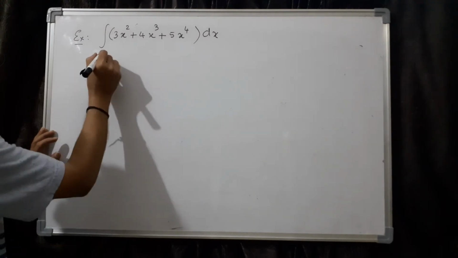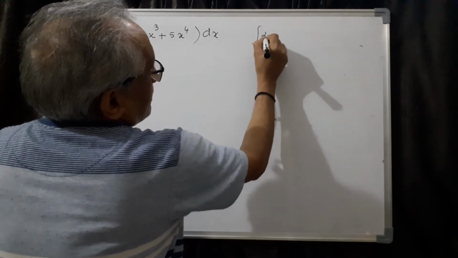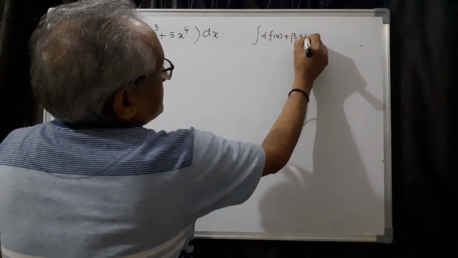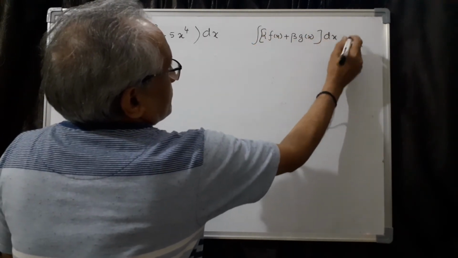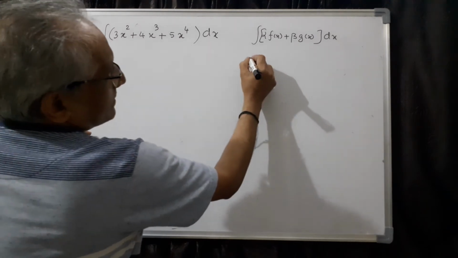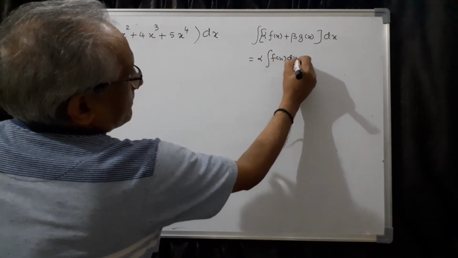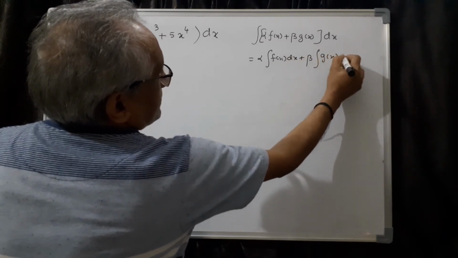So this will be equal to, you can use this property directly: alpha f of x plus beta g of x. Whenever you have this, you can use this property directly instead of writing two steps: alpha into integration of f of x dx plus beta into integration of g of x dx.